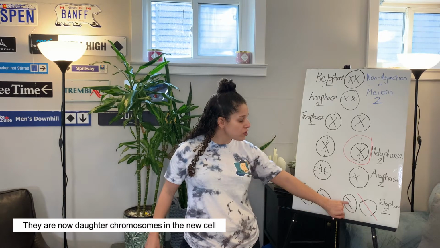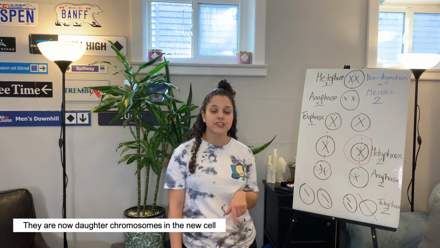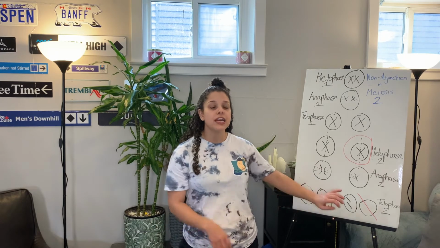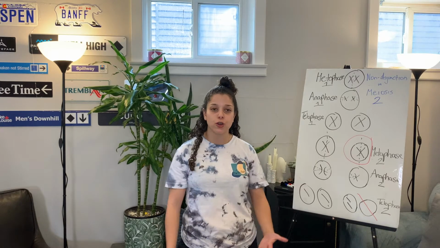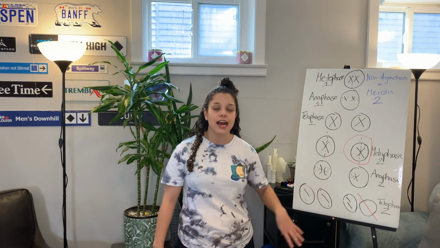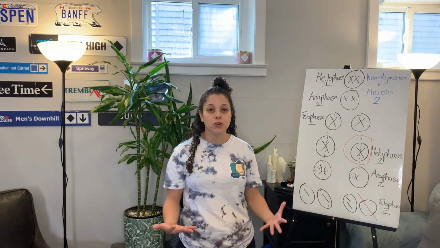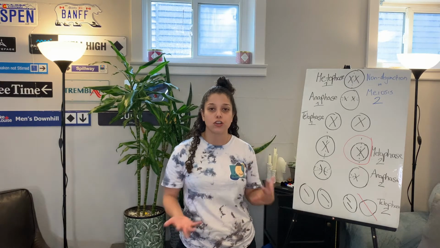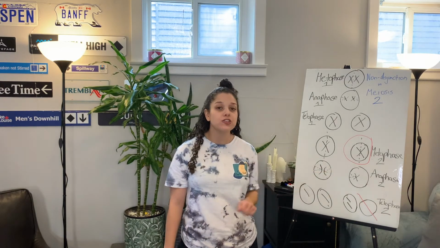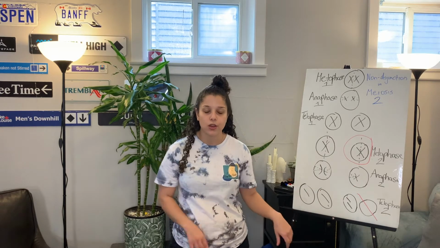Those are the two sister chromatids that should have been one in each cell, but because non-disjunction happened in anaphase 2, it results in one cell with two copies of the chromosome, both of those sister chromatids, and one cell that has no chromosomes. Again, remember, when I say no chromosomes, I'm speaking only in reference to the chromosome that had non-disjunction occur, whereas the other 22 chromosomes are going to separate properly into all of these cells.